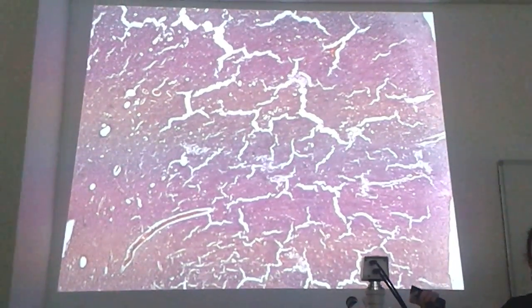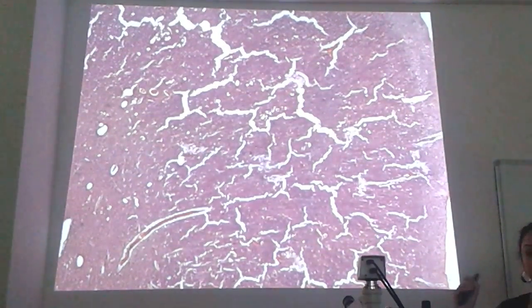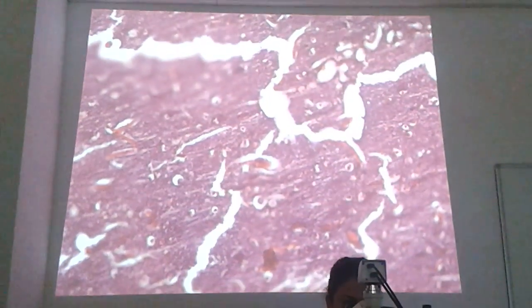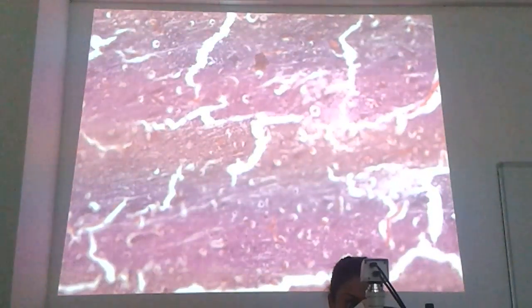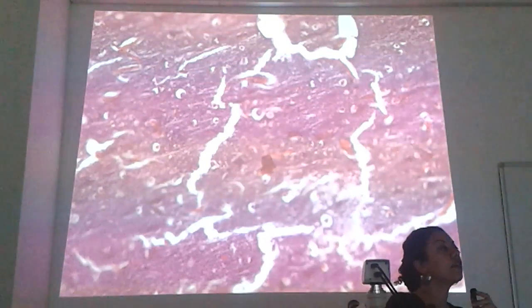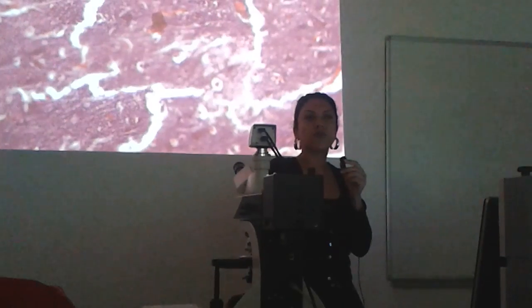So I'm going to magnify our image, and I'll try to show you the pyramidal cells. What type of cells are pyramidal cells? Multipolar, yeah?